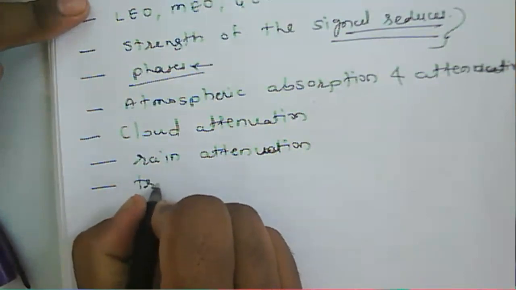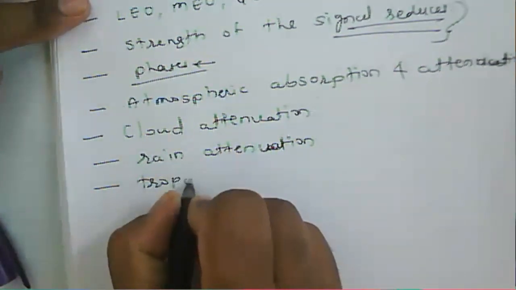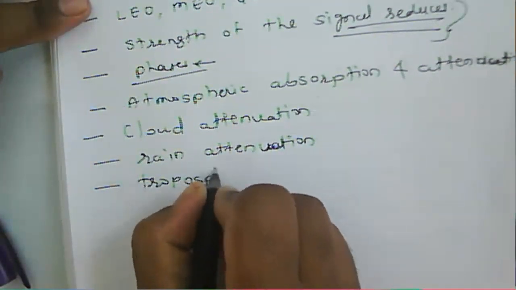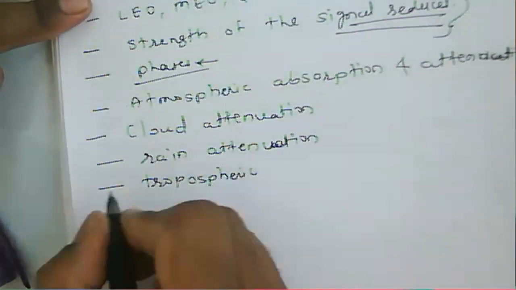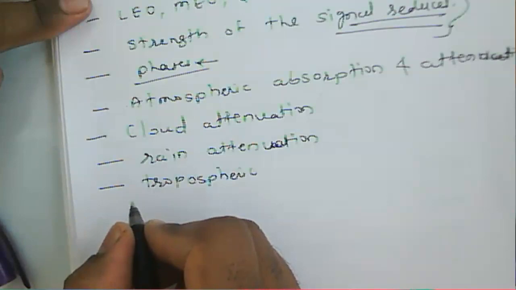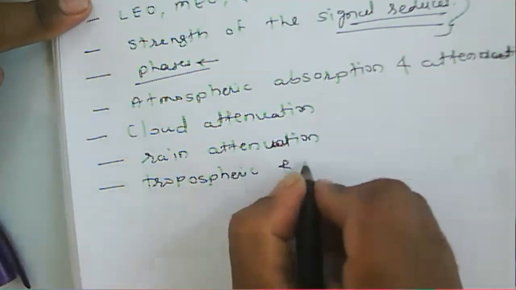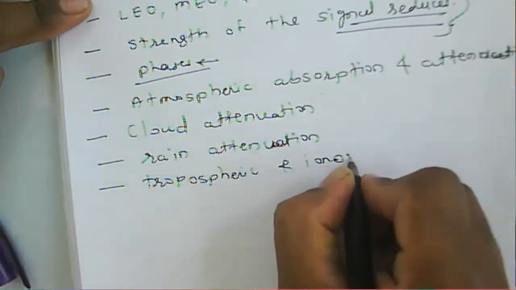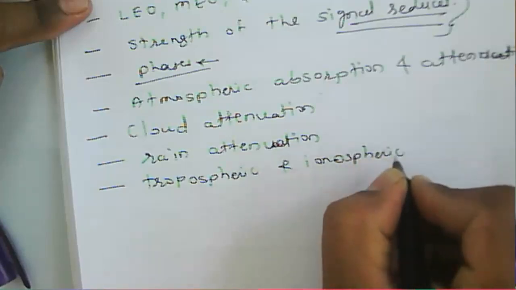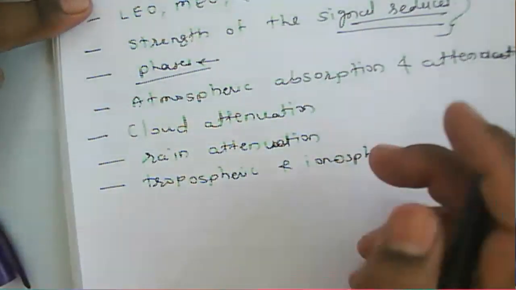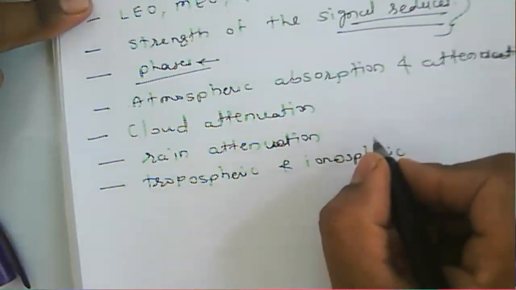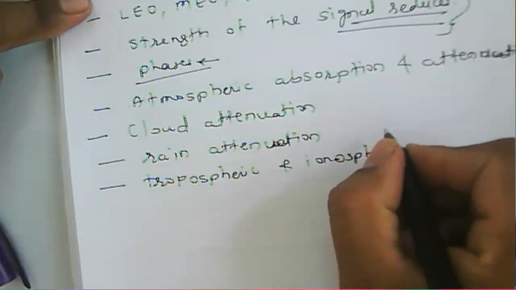Then we have tropospheric and ionospheric conditions changes, or tropospheric or ionospheric scintillation.